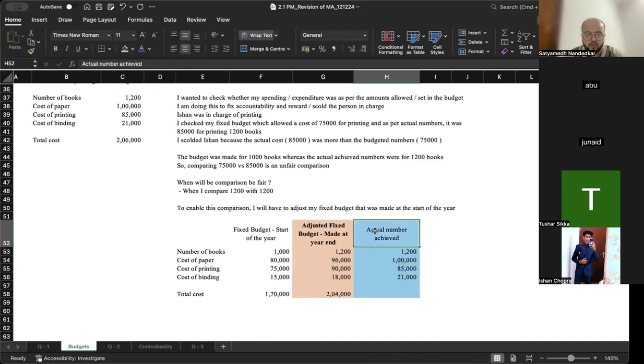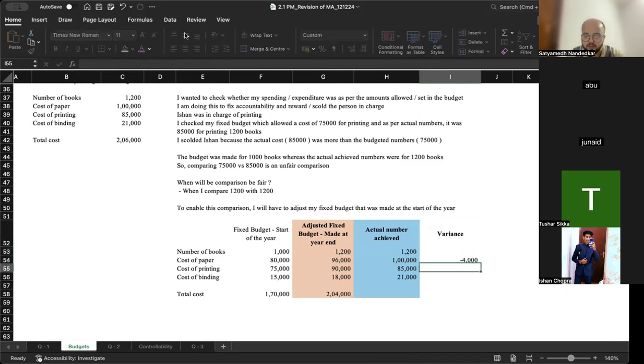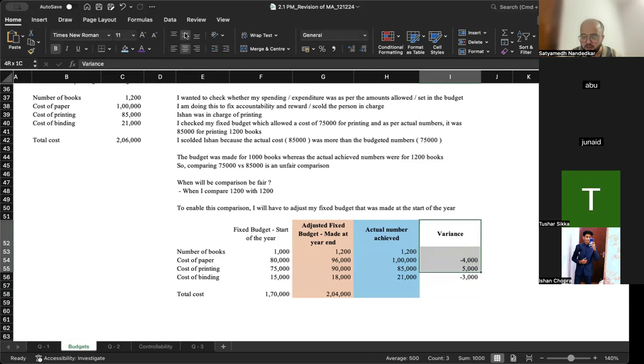And now when I do a variance analysis, I'm going to compare the budgeted numbers versus the actual. This comparison makes a lot of sense because it is a like for like comparison. So in fact, I should be praising Ishan, not scolding him. I should probably give him a reward for saving cost.